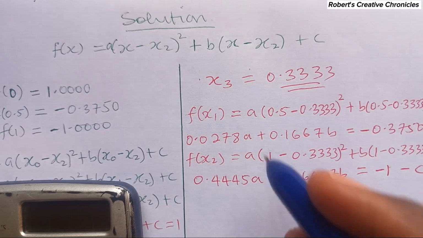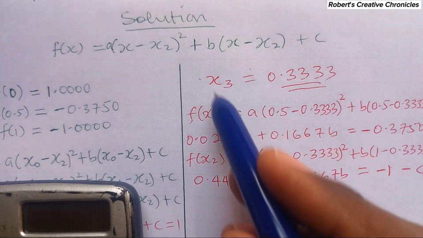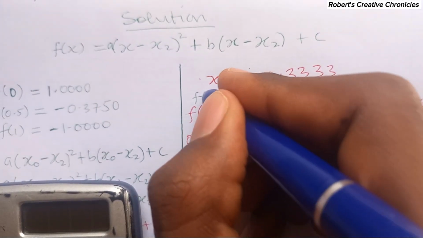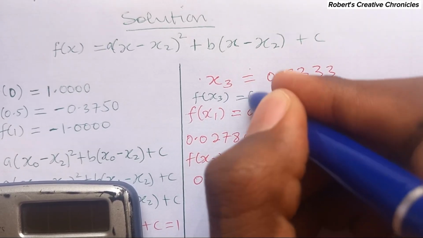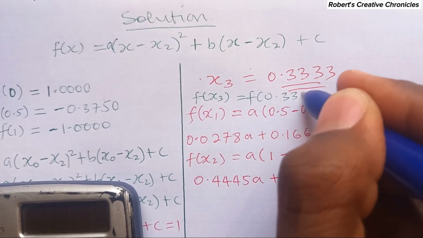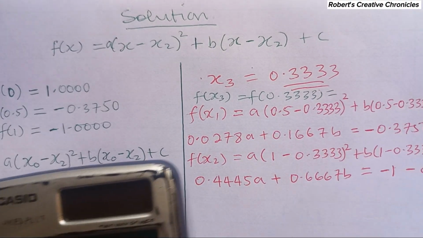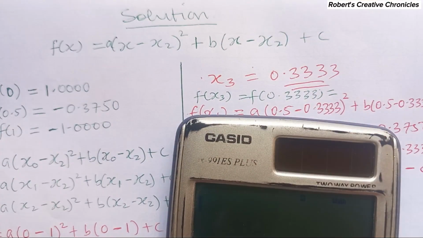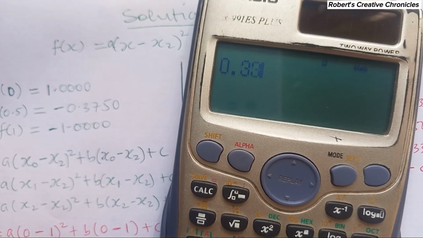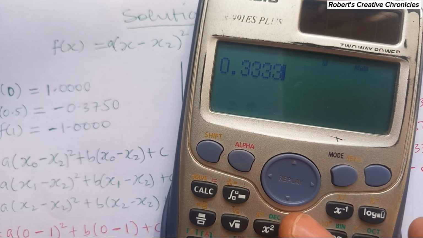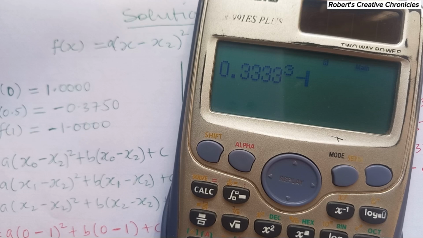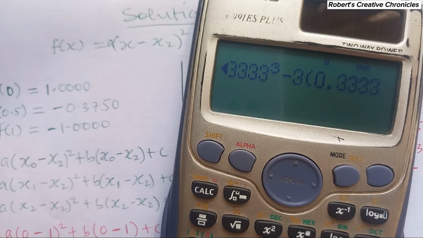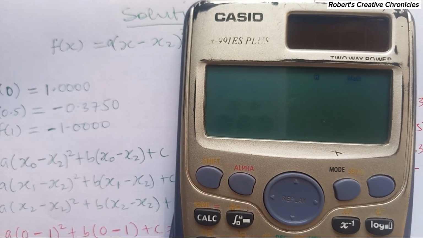Then the last one, fx3. We need to find fx3. fx3, which is equal to f of 0.3333. We'll substitute this in the original function. So it will be 0.3333 cubed minus 3 times 0.3333 plus 1.